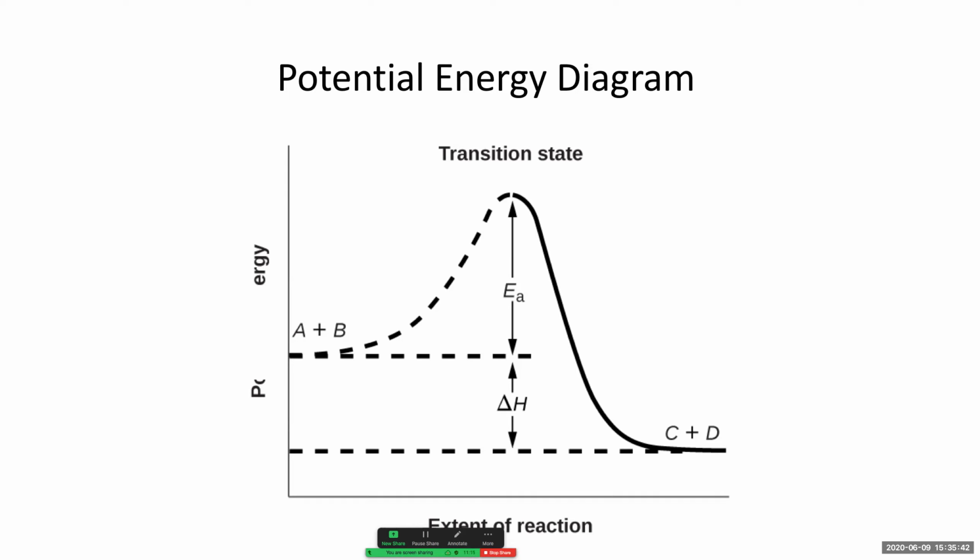They have to have the correct orientation, and enough energy to overcome this activation energy barrier. Sometimes we call this an energy barrier. The transition state that I showed on the previous slide is right at the peak of this activation energy. This is where that transition state structure occurs.